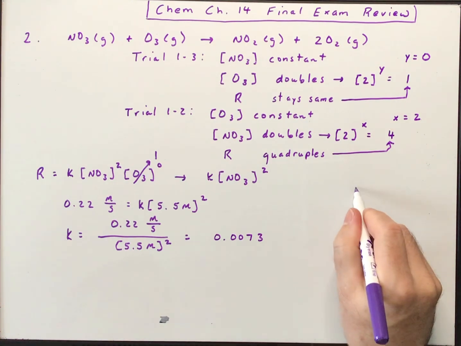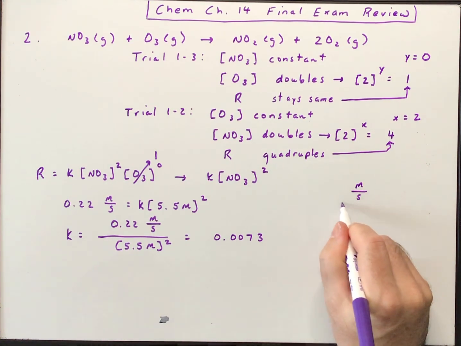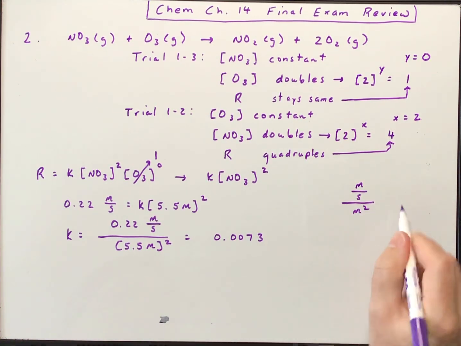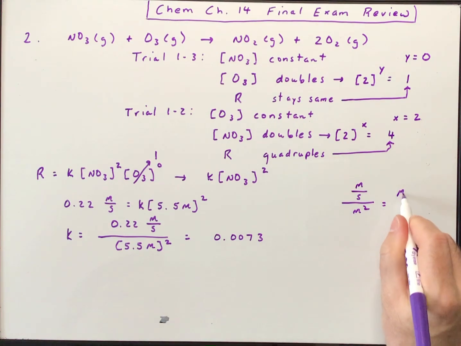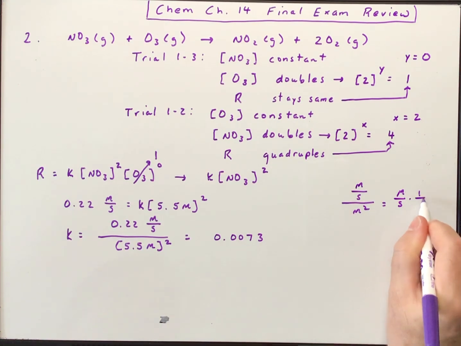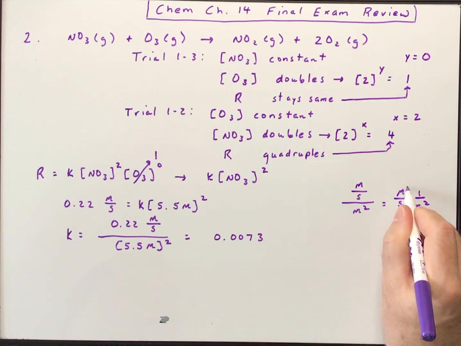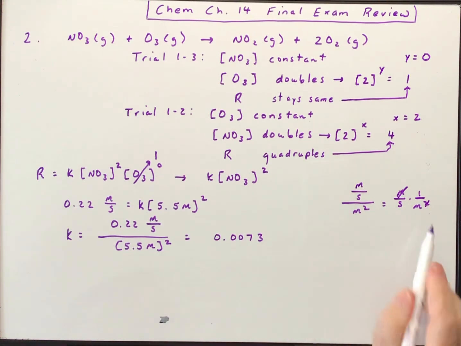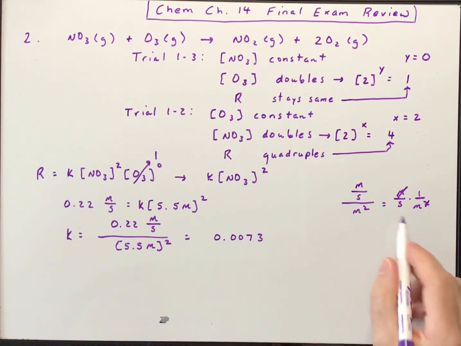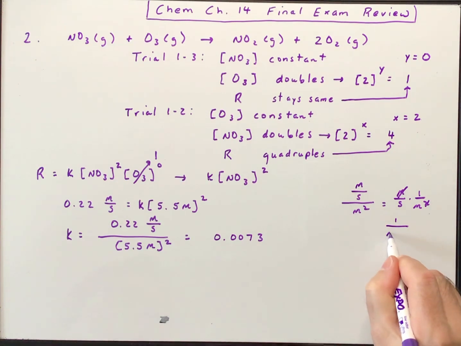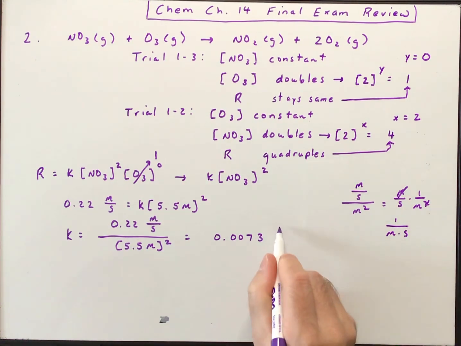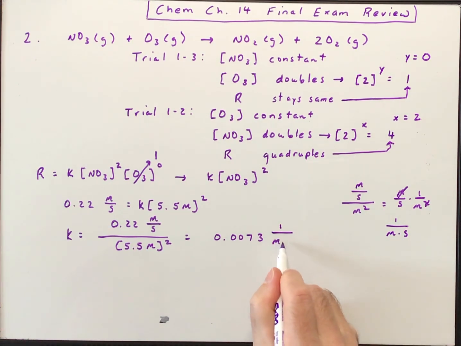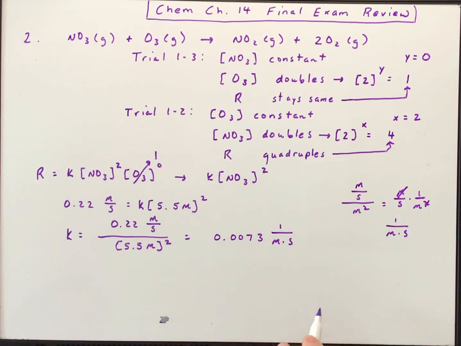Now the unit is going to be molars per second divided by molars squared. That's the same as molars per second times 1 over molars squared. That molar will cancel, that 2 will cancel and go to a 1, so that's going to be 1 over molars times seconds. Okay, so we can get our final answer.